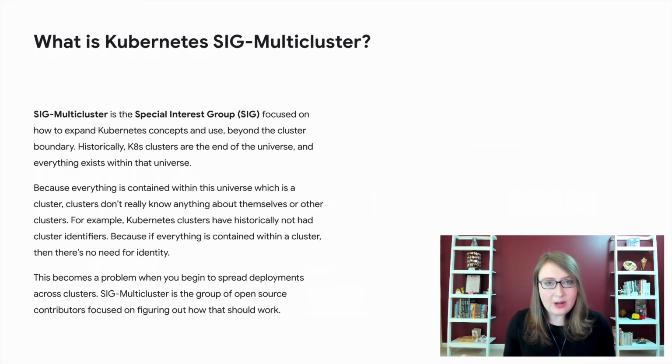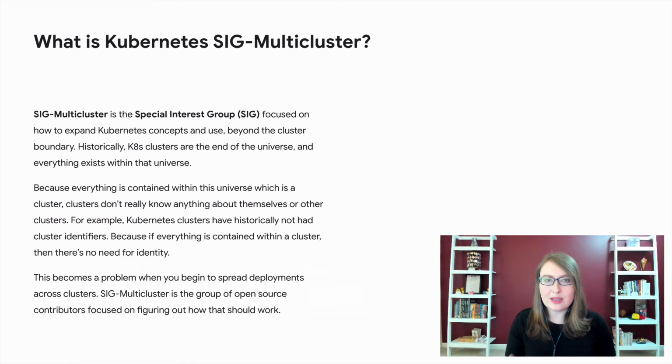For example, they don't have cluster identifiers, or they haven't historically, because if everything is contained within that cluster, then you know who you're talking to, and there's no need to identify yourself. This, of course, becomes a problem when you begin to spread your deployments across clusters, and SIG-Multicluster is the group of people focused on figuring out how that should work while maintaining the same portable and flexible philosophies that have built Kubernetes clusters as they exist today.